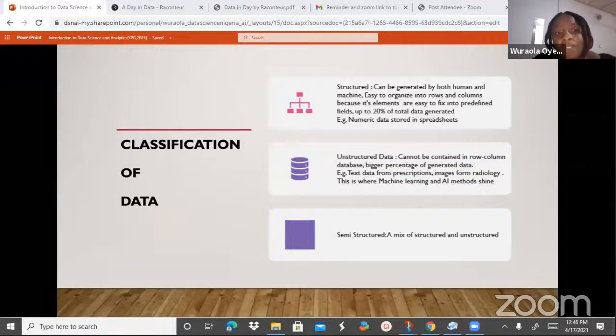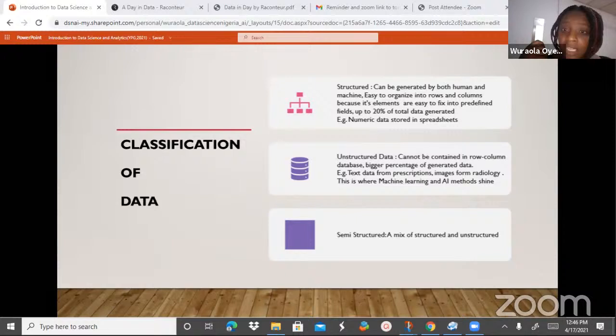Okay, so in the context of data science, these are the types of data classification you have in your mind. There are sub-classifications: there is quantitative data, and there is data analyzed by putting it in rows and columns.